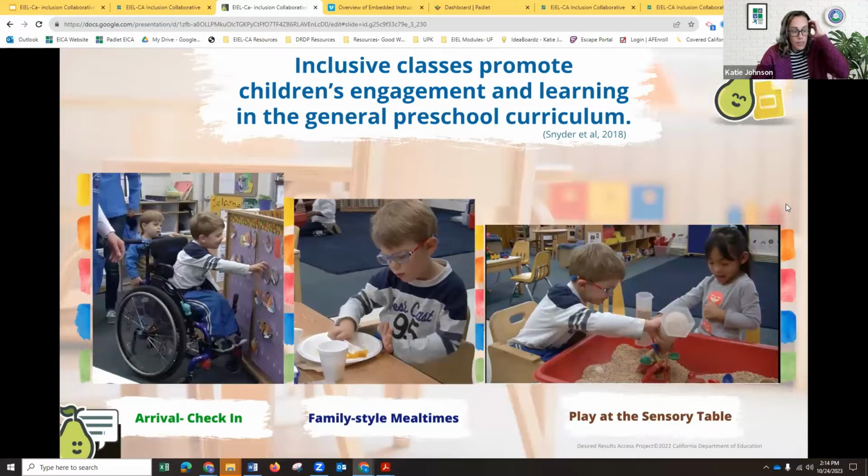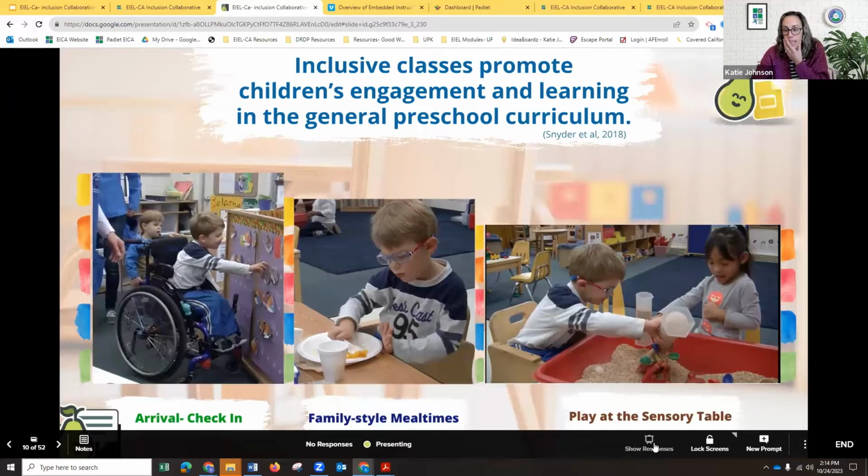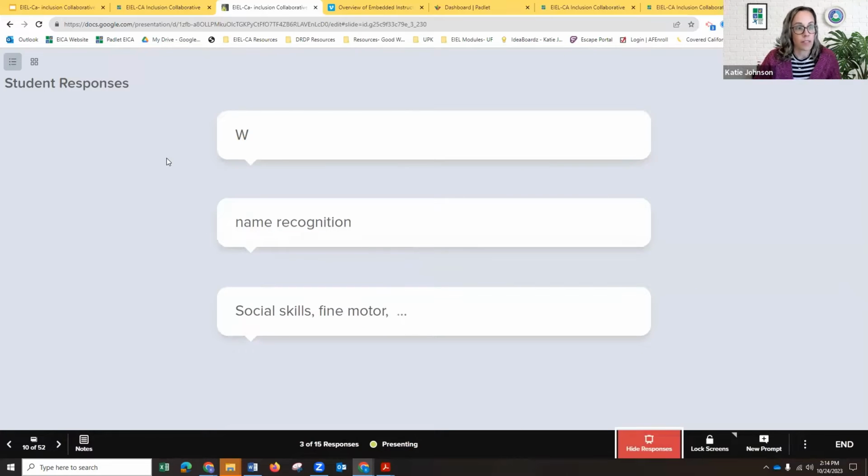What I would love you to take a moment to do on your Pear Deck is to respond in the little text box that it gives you with what are some skills that you think that Ian might be learning or working on. And you want to really think of what we could see or hear him do. So I'm going to give you a moment. Look at that. Boom, we're fast.